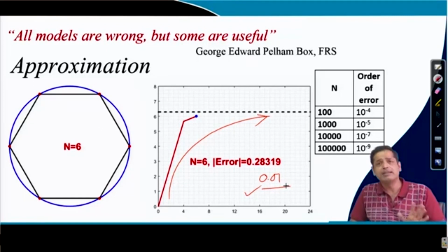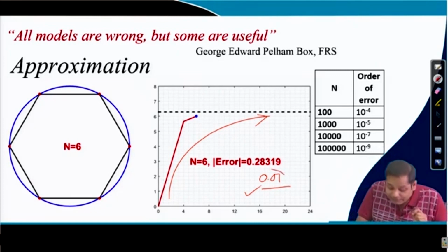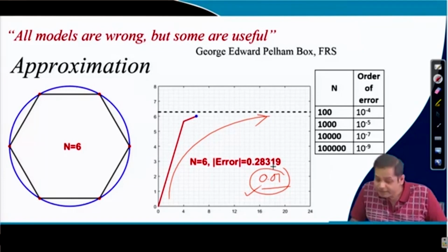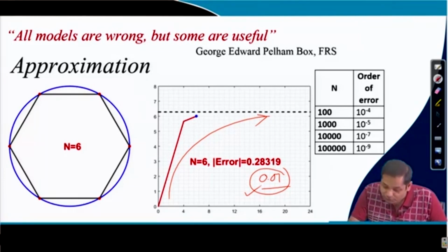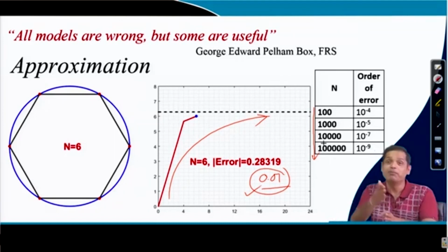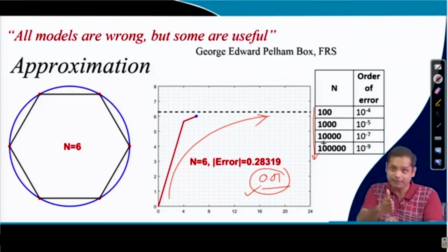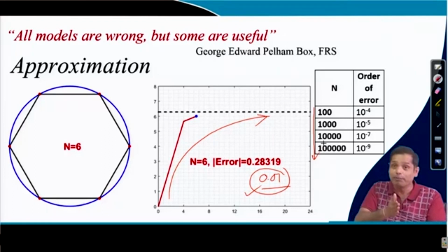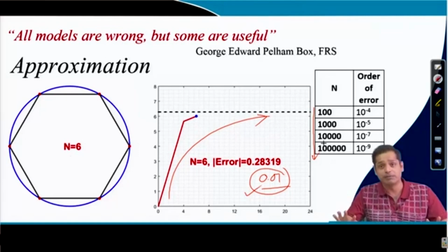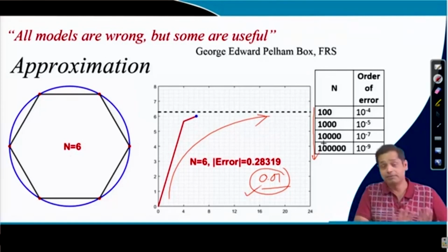And this we can achieve with around 24 segments. If this approximation is acceptable to me for the problem, then there is no point in going for 100 or thousands or 10,000 or 100,000 sub-problems. So at some point in time, we need to stop. And this stopping stage depends on what level of accuracy, what level of approximation is fine for the problem.